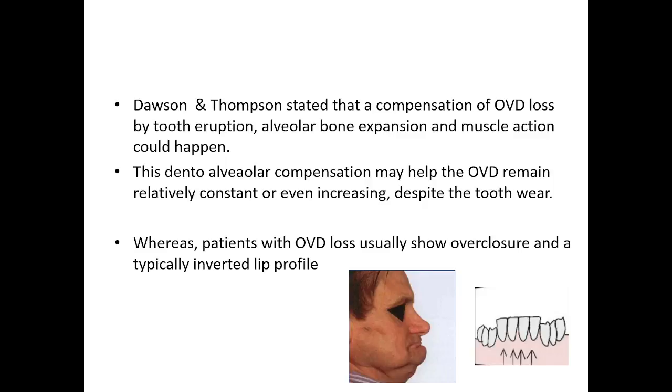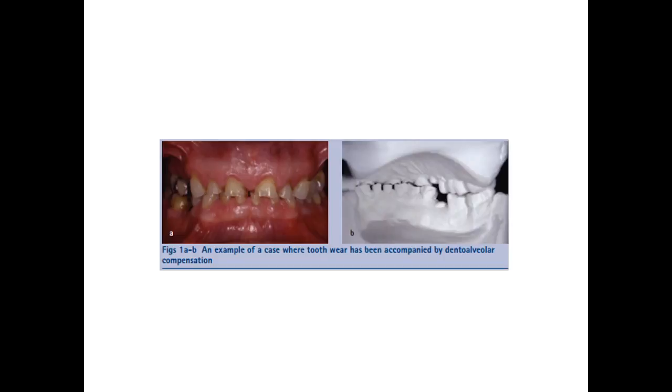And this kind of case is actually the most challenging and more complicated to handle, whereas patients with OVD loss usually show overclosure and typically an inverted lip profile. This is a case showing that the patient had tooth wear accompanied by dental alveolar compensation.